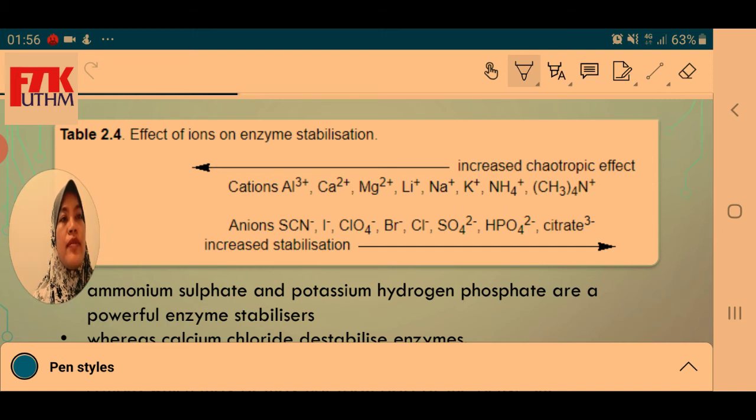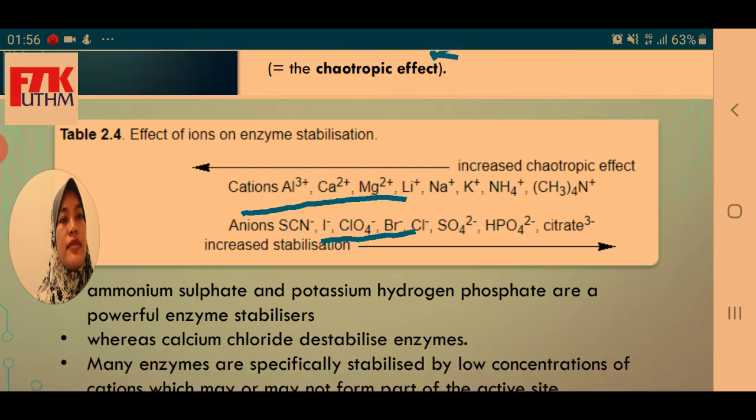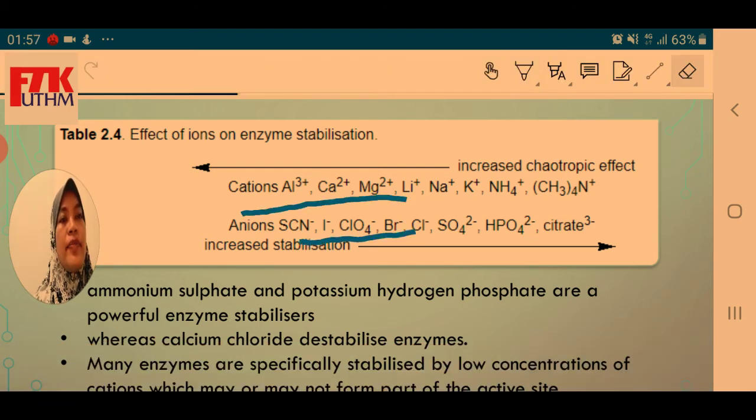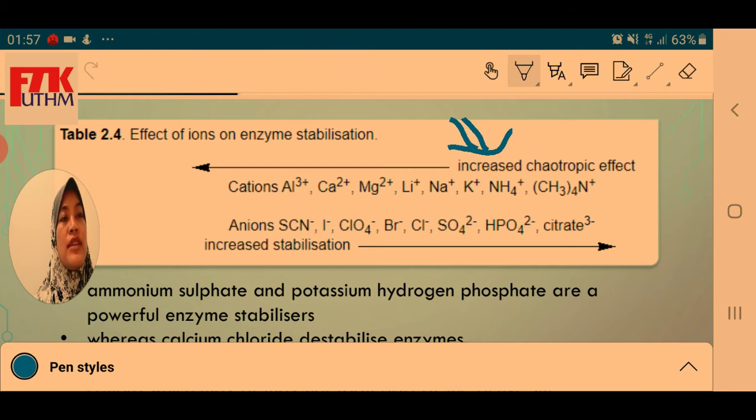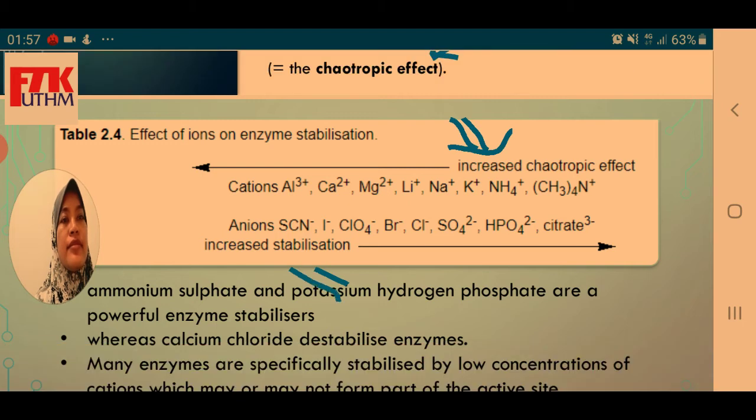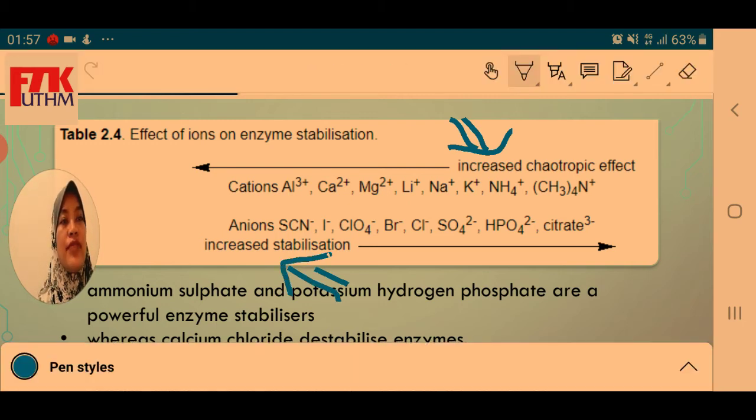If you have different types of cations or different types of anions here as well, it can either increase the chaotropic effect, which means destabilization of protein, or it can increase the stabilization effect, where the enzyme gets stabilized.